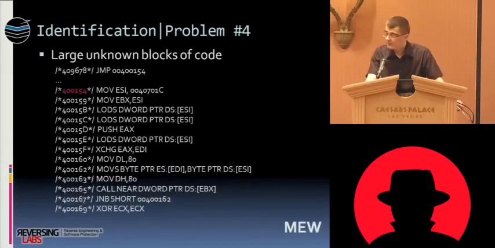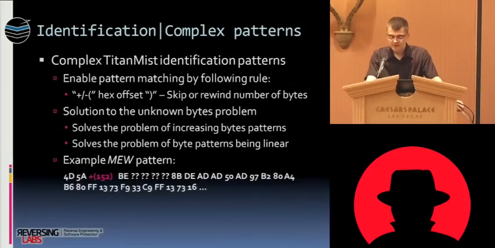Now another problem we saw is, this example is MEW packer, and it has a jump at the entry point which leads to a specific location inside the portable executable header, and at the static address in the header you have the code which is an entire stub for that particular packer. So what we did is we added the following complex pattern which enables you to jump skip.